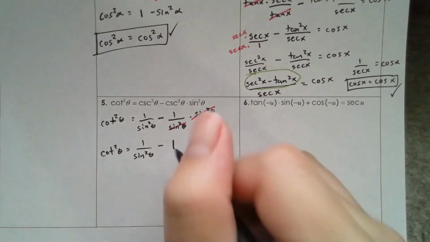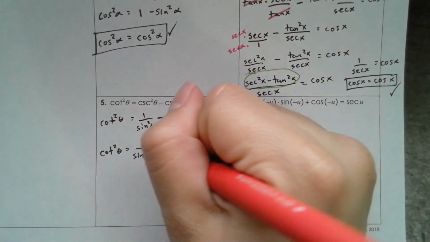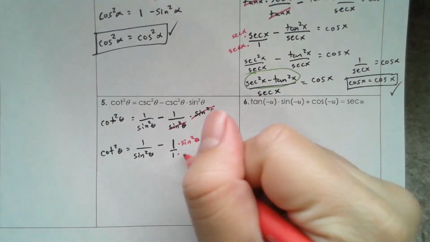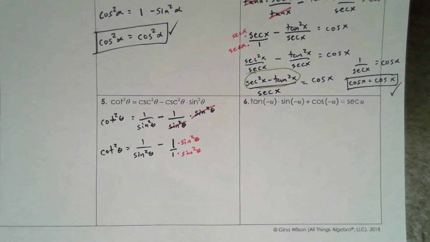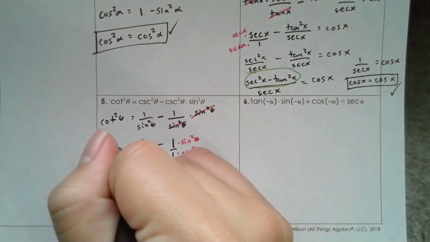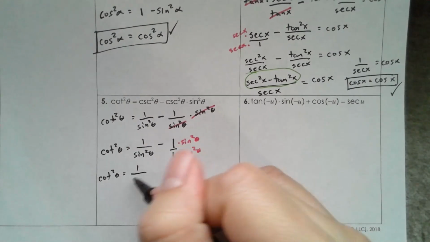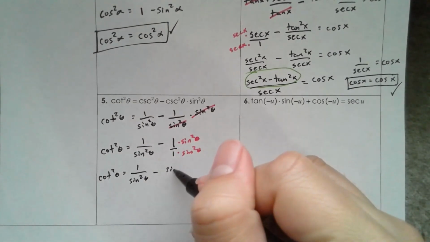So then, to combine them, I'll have to multiply the second one, the 1, by sine squared theta. That'll give me cotangent squared theta is equal to 1 over sine squared theta minus sine squared theta over sine squared theta, and there you go, I see it now.